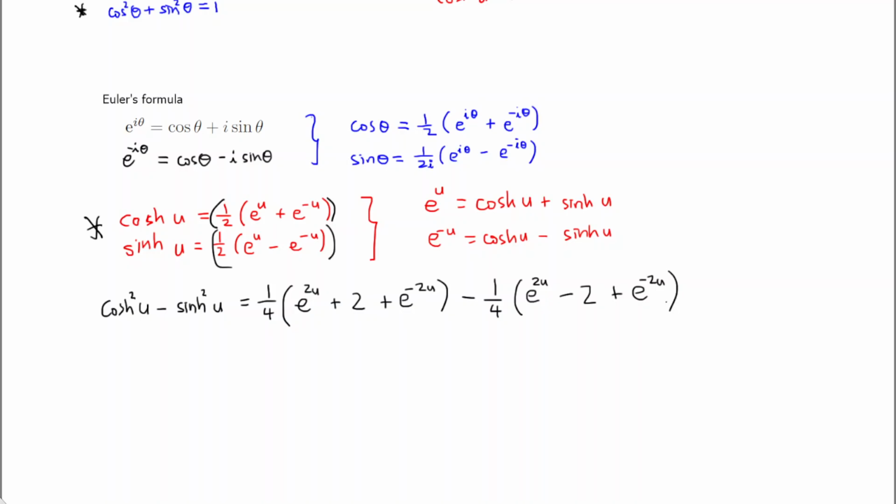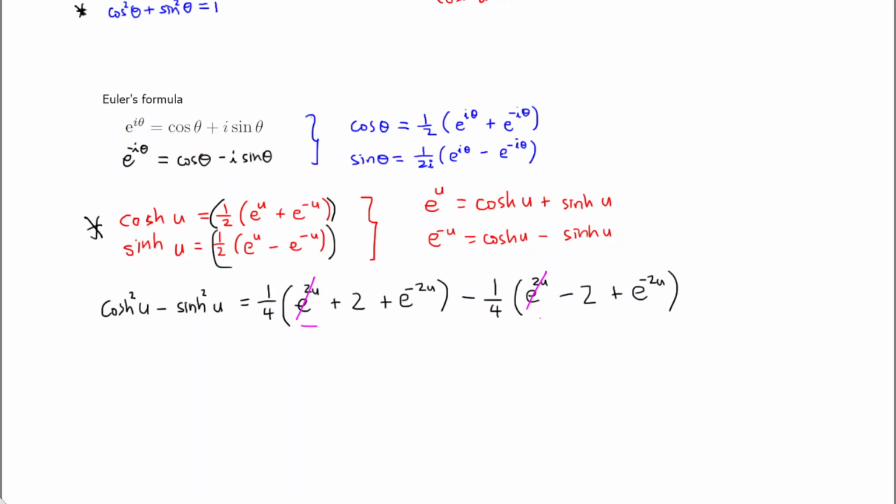Again, if you need to pause the video to verify that I've done my foiling correctly, I think you would be well advised to do that, not necessarily to check me, of course, but just to check yourself. Now notice I'm subtracting, so any identical terms will cancel. The e to the 2u terms cancel. There's a 1/4 that's common.